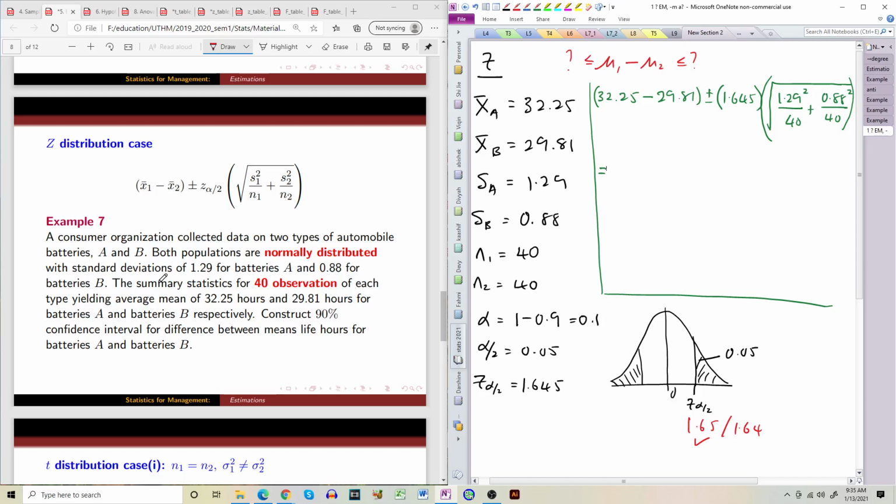Doctor, 1.645 or 1.65? Okay, I'll take 1.5. Yeah, sorry, 1.5, no problem. Take 1.5 here.